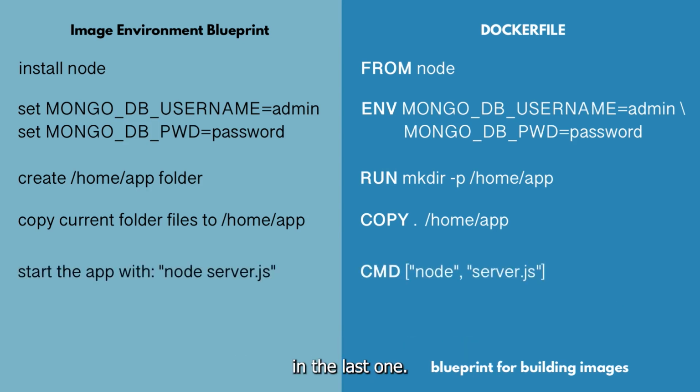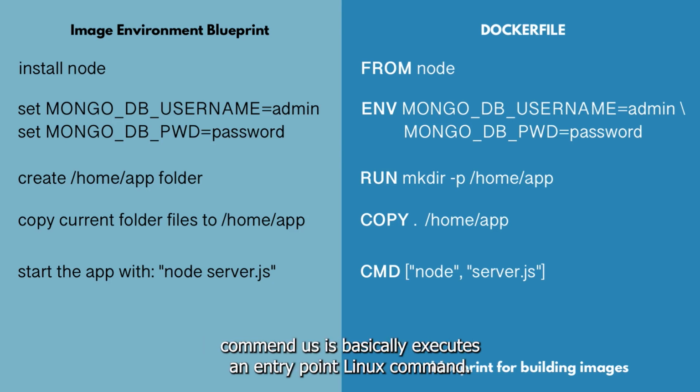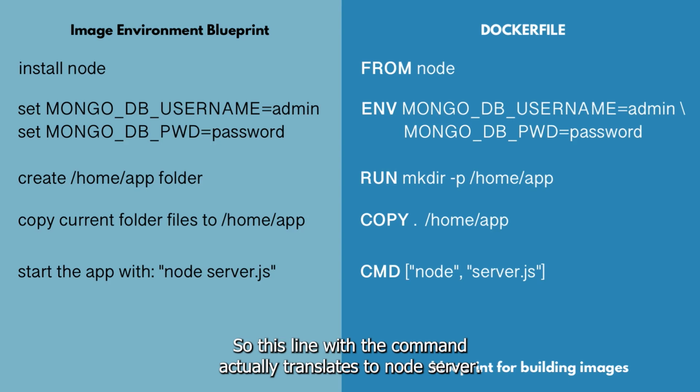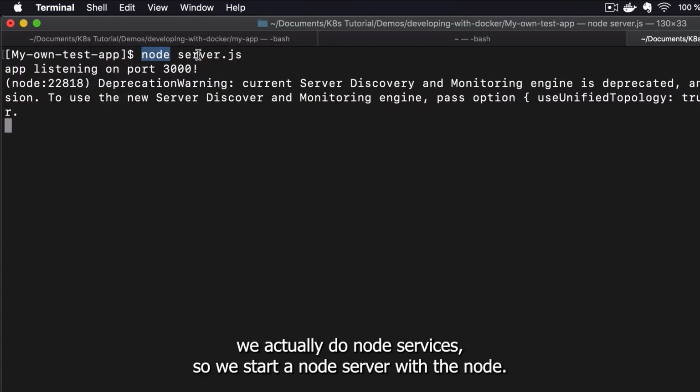And the last one, so from and cmd or command is always part of Dockerfile. What command does is basically executes an entry point Linux command. So this line with the command actually translates to node server.js. So remember here, we actually do node server.js.